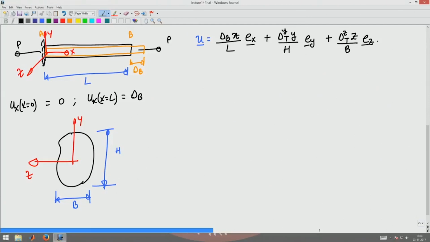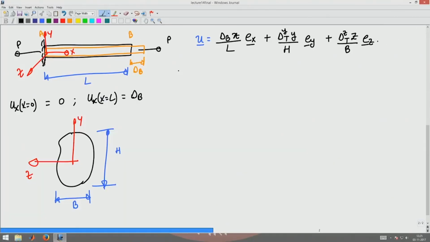Now, I assume the displacement field somewhat appropriate to the problem based on the experimental observation that the strain that I measure is not varying along the axis of the beam, the axis of the member. So, that is the displacement field.